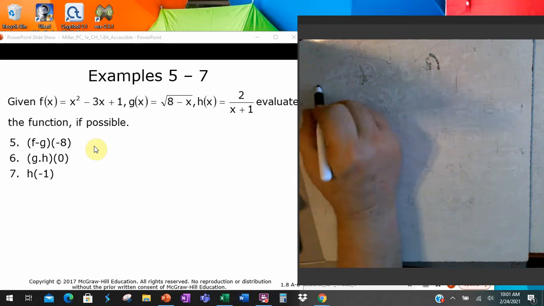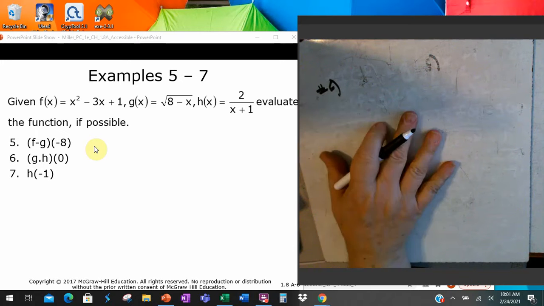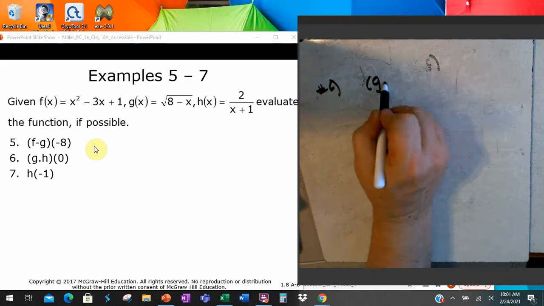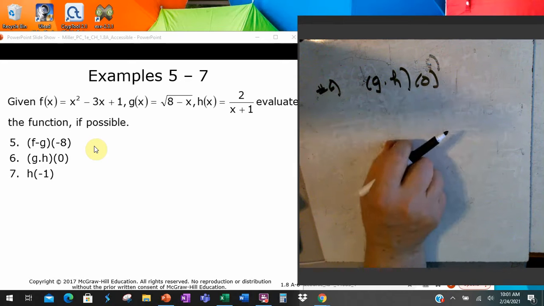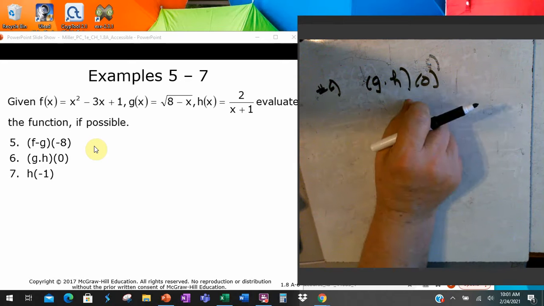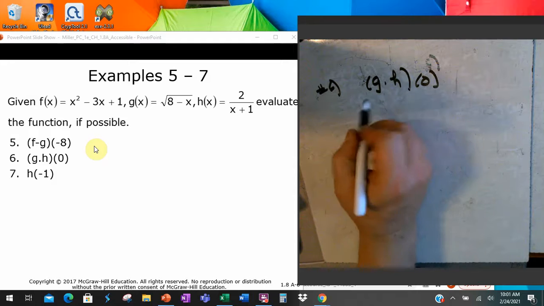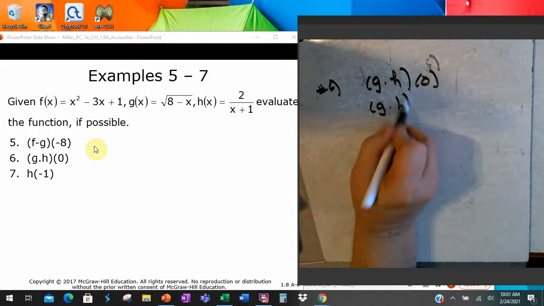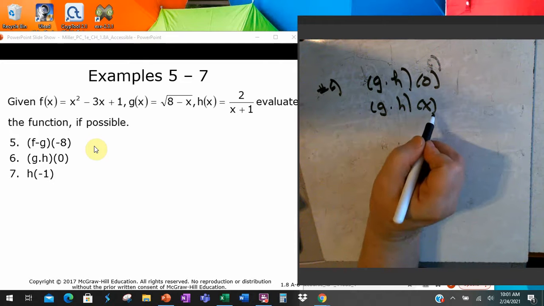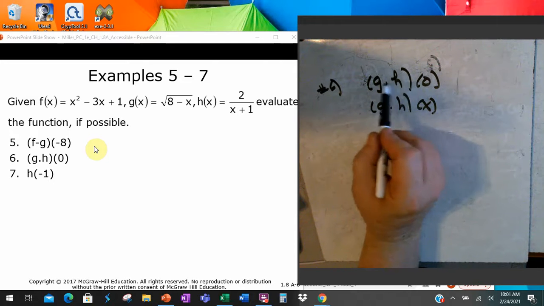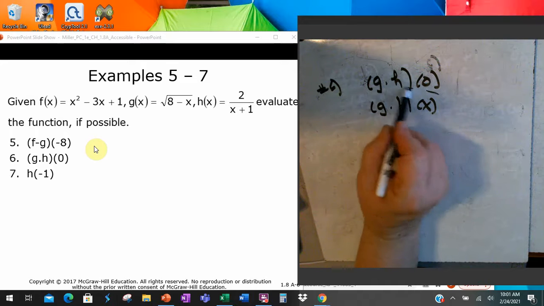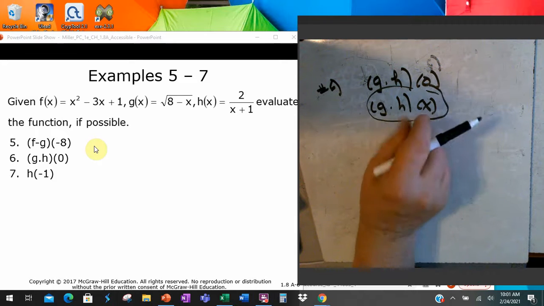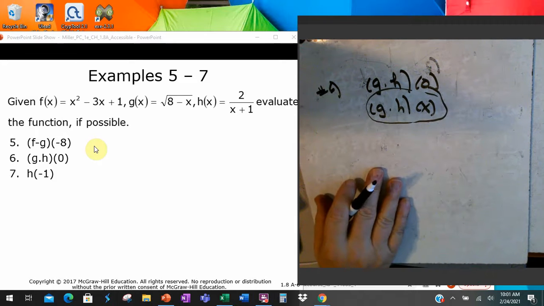For number 6, it says evaluate g dot h at 0, the product of g and h, when x is equal to 0. What does g dot h of x look like? I could do g of 0 times h of 0, and it would work out to be the same thing, but I want to build this function first and then evaluate it.